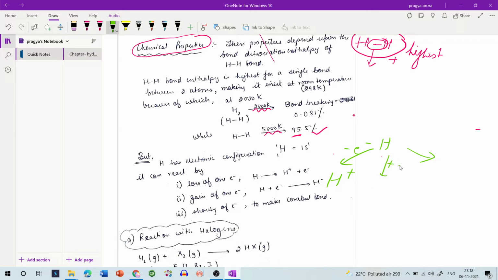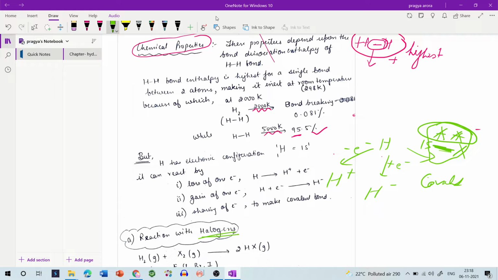It can gain one electron to form hydride ion, or it can share its one electron with some other element and complete its doublet. One electron for hydrogen, one electron for some other element, and a covalent bond is formed between them. So, starting with the halogens, how does it react with the halogens?